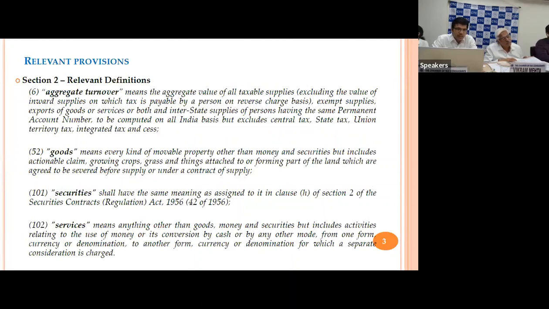Aggregate turnover means the aggregate value of all taxable supplies, excluding the value of inward supplies on which tax is payable on reverse charge basis, exempt supplies, export of goods or services or both, and interstate supplies of persons having the same PAN to be computed on all India basis, but excluding taxes. So basically only which are supplies can be included; something which is not a supply at all cannot be included. As you have rightly said, for the limited purpose of reversal of credit, yes, I have to consider these items. But when it comes to my aggregate turnover for computing the turnover limit for 9 and 9C, these items will not be covered.